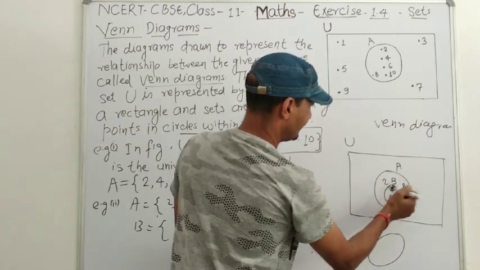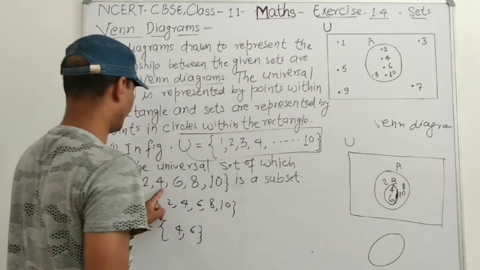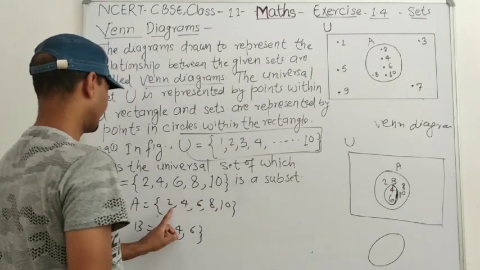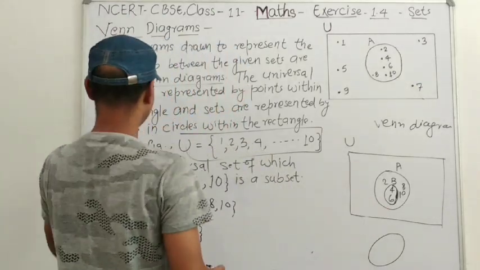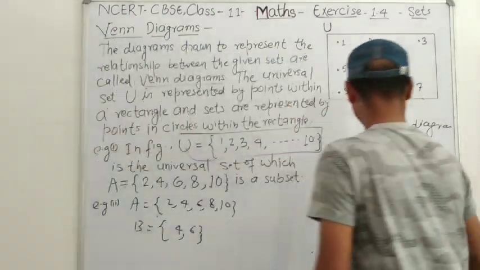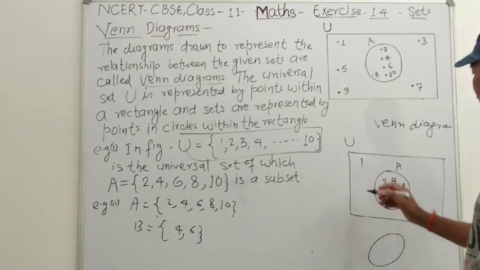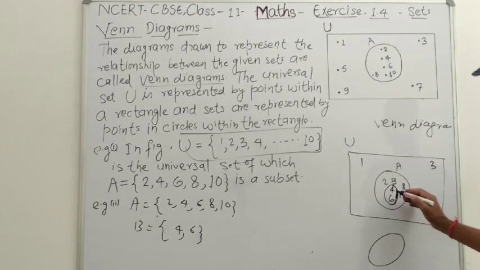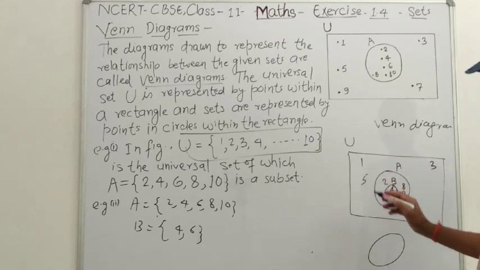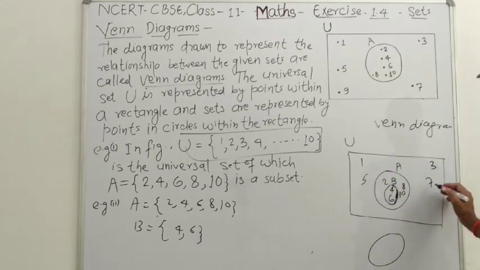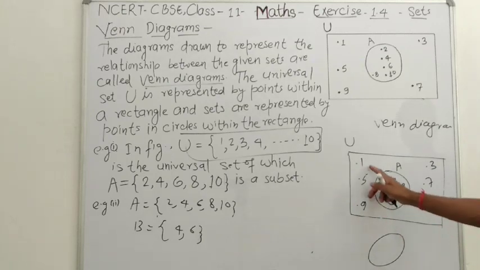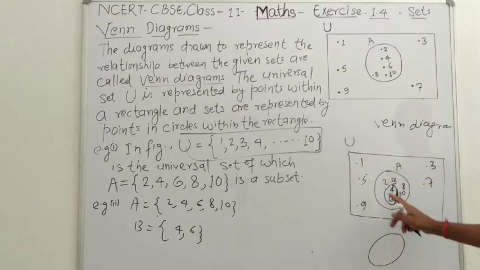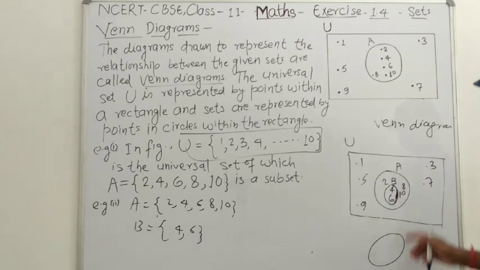So set A is 2 4 6 8 10, and B is 4 6, and the universal set U must have all the elements. That means 1 2 3 4 5 6 7 8 9 10.